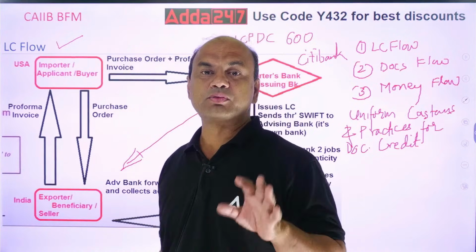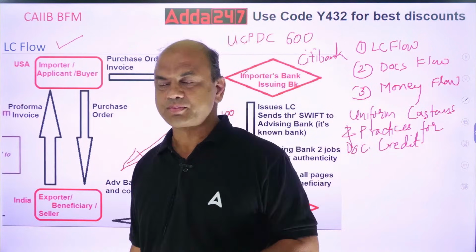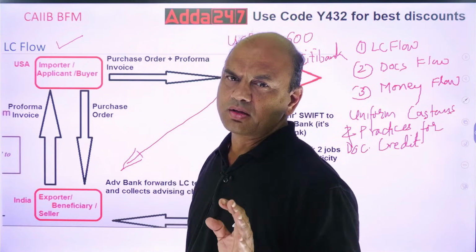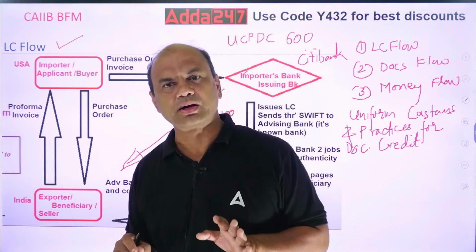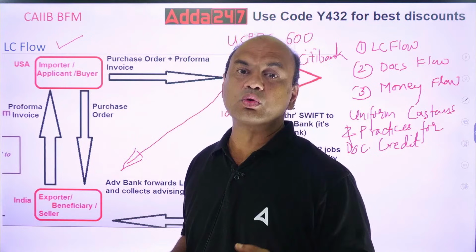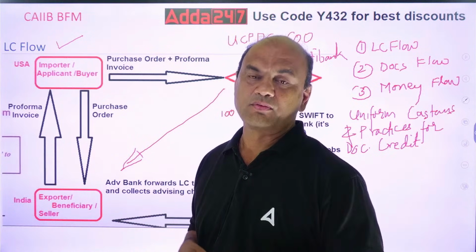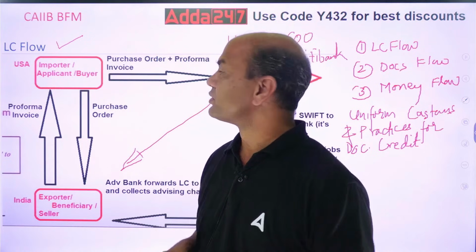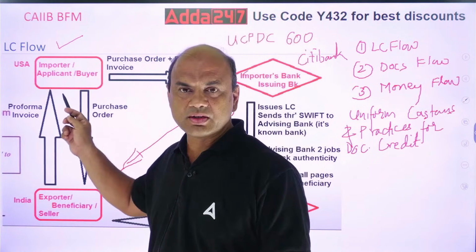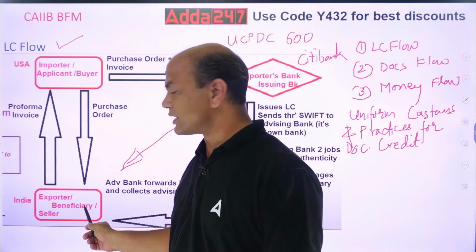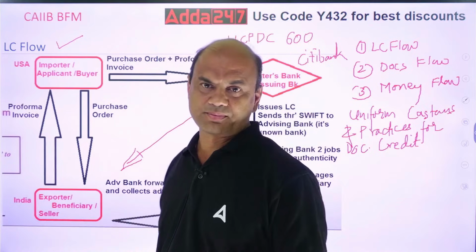Now let's start with the first flow, LC flow. What happens in LC flow? Firstly, understand what is LC, letter of credit. Letter of credit comes into the picture when the buyer and seller don't know each other. There is a buyer, let's say in USA, and a seller, let's say in Bharat.